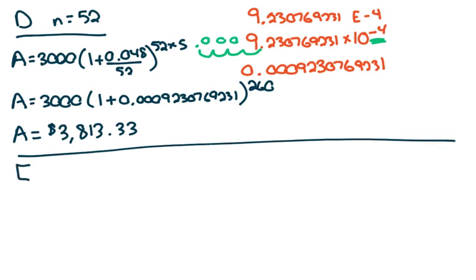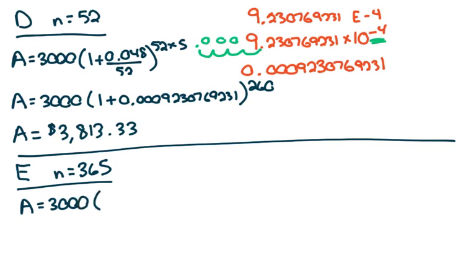Last one, E. We are compounded daily now, and we are going to deal with daily as 365 times per year. Yes, I know we have leap years, but we're not going to worry about is it a leap year or not. We're just going to go with a standard 365. Substitute in.